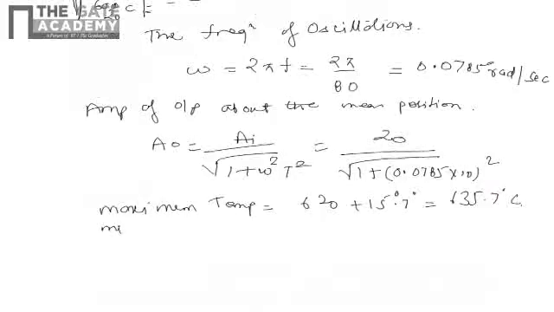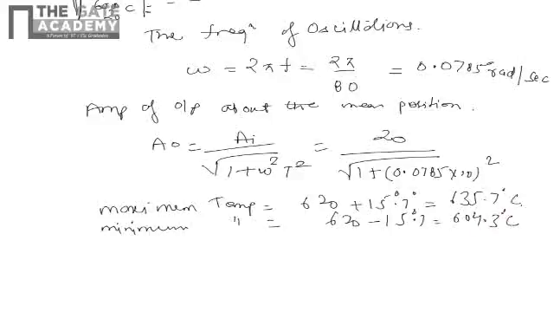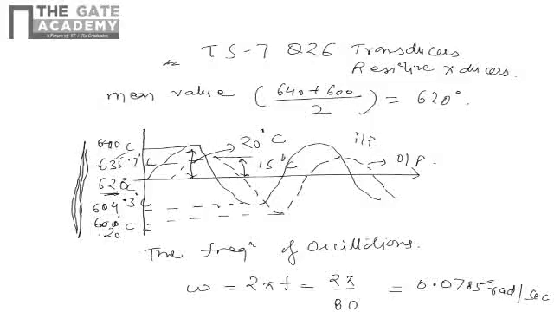And the minimum will be 620, the average or mean, minus 15.7 degrees, it comes out to be 604.3 degrees Celsius. And these 2 points we have mentioned in the graph previously. Whatever sine graph we have drawn, in this graph we have mentioned 635 and 604.